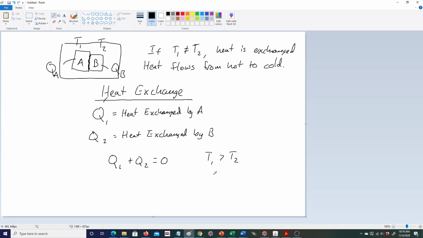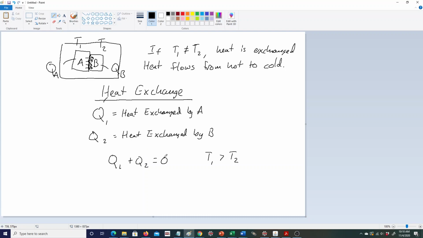Okay? So what this means is if T1 is larger than T2, then heat is going to flow from object 1 to object 2, or from object A to object B. And under that circumstance, the amount of heat exchanged by object 1 plus the amount of heat exchanged by object 2 has to add up to 0 when I look at the system as a whole.